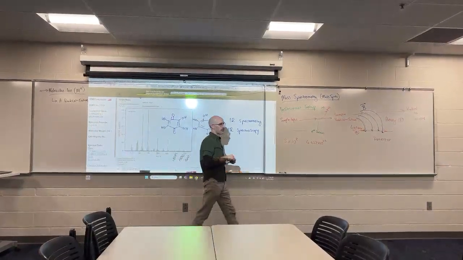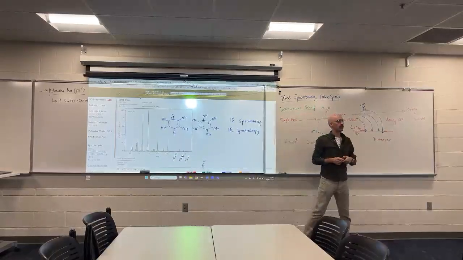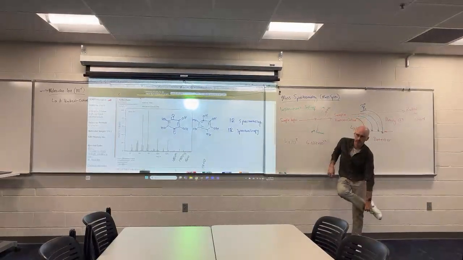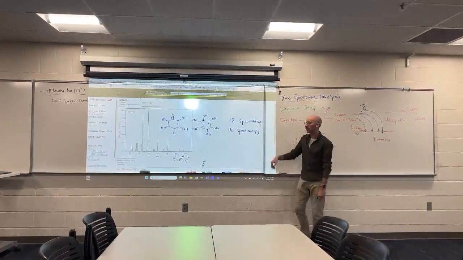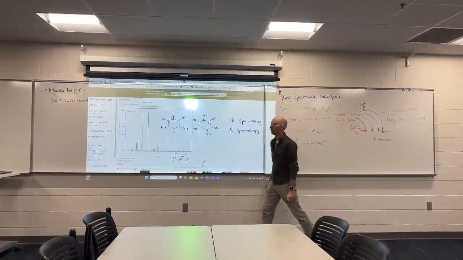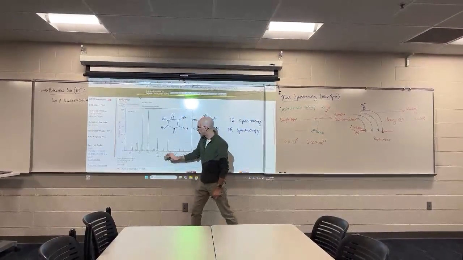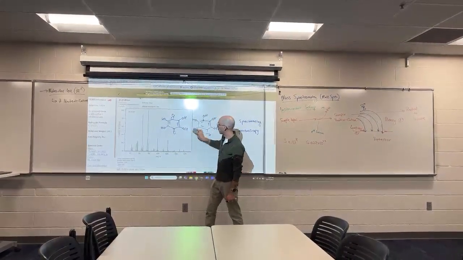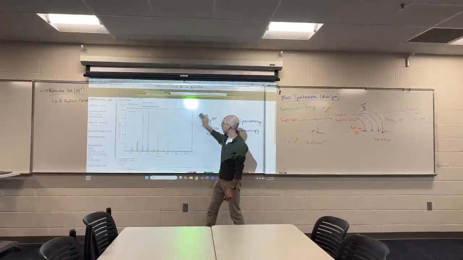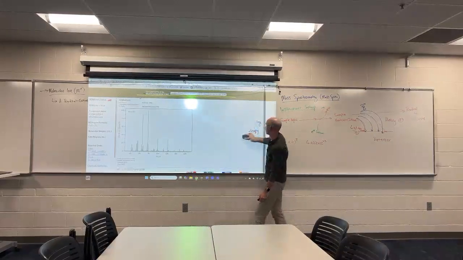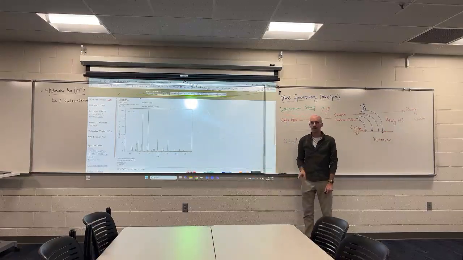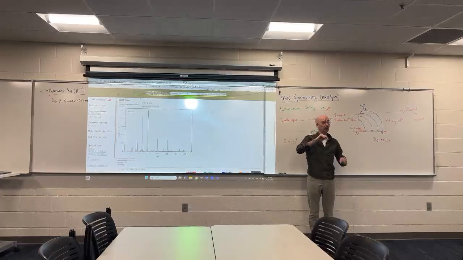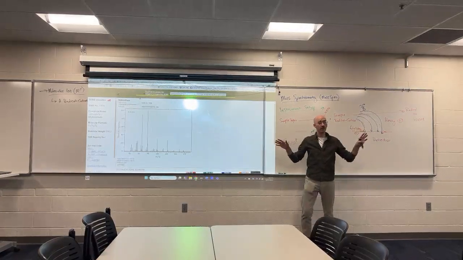Many of the other fragments that we will look at, well, all of the other fragments we'll look at, but many of the other fragments in the sample are just cations. But the molecular ion is a radical cation. This is if one electron is removed and no sigma bonds break.